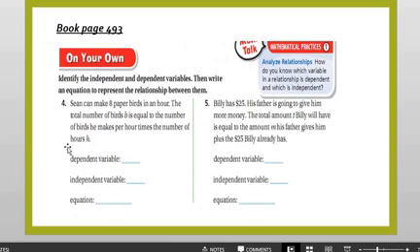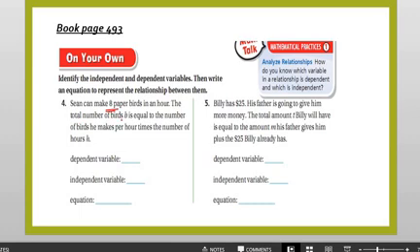Now here, we still have some questions. Page 493, it says identify, tell. Identify means tell the independent and dependent variable, then write the equation to represent the relationship between them. Again, Sian can make 8 paper birds in 1 hour. He can make how many birds in 1 hour? 8.